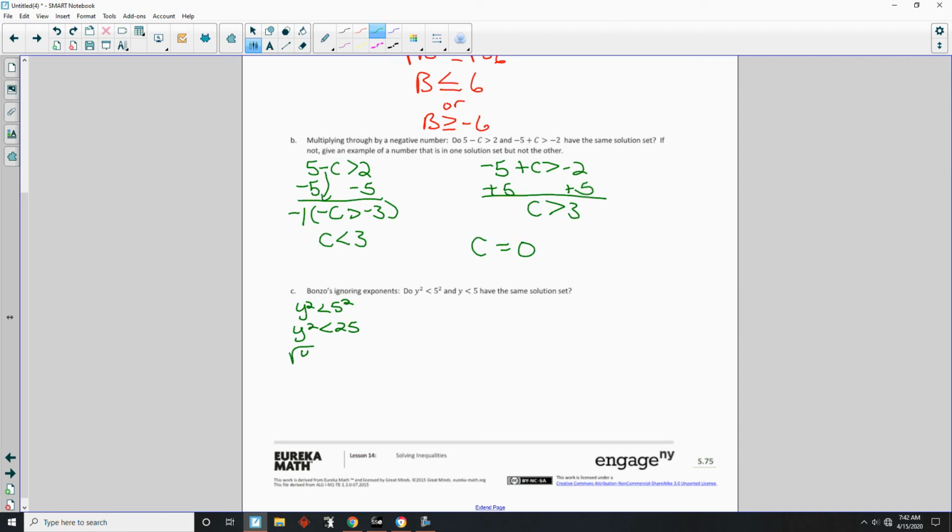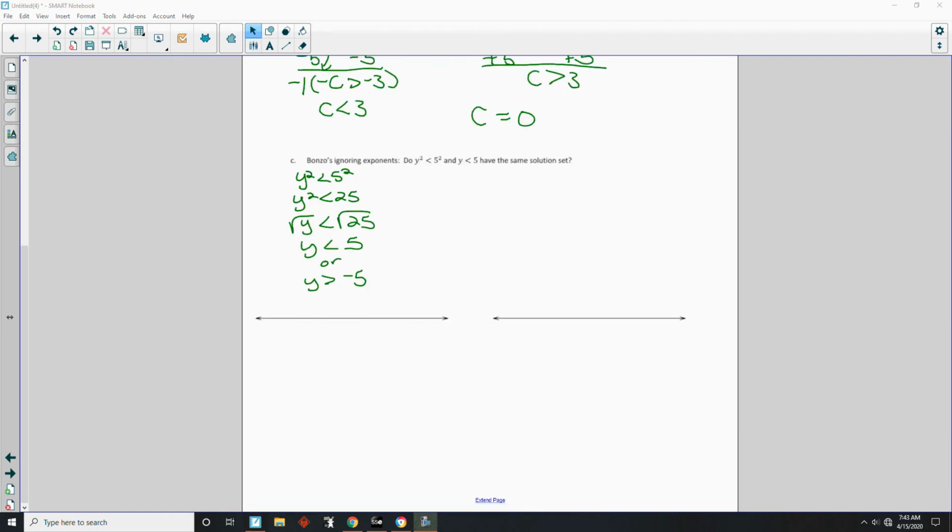If I take the square root of y squared and the square root of 25, I get y less than 5 and y greater than negative 5. Okay, so if I put that on a number line, there's my number line. I want negative 5 over here, and I want 5 over here, with 0 in between.